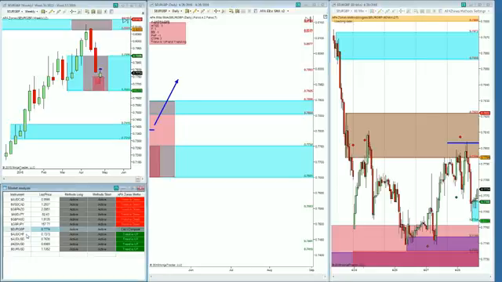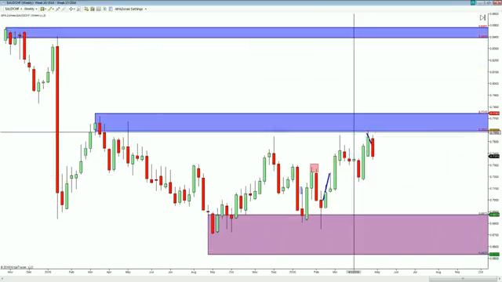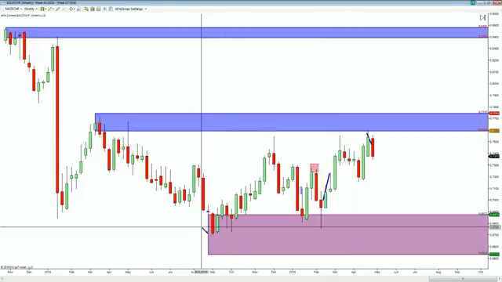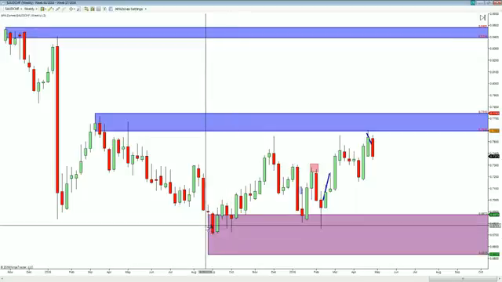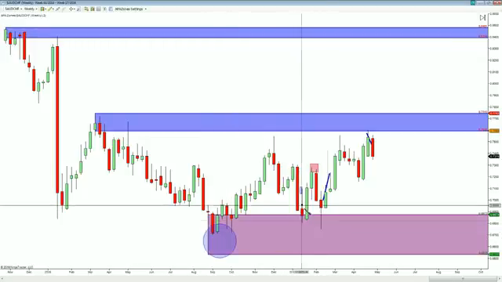Moving right along, the Aussie Swiss looks like it is big range, for lack of a better term. It has been drifting to the upside here. I was just looking at this, and you guys may remember that pattern we have been seeing on the euro dollar as well as the kiwi dollar.